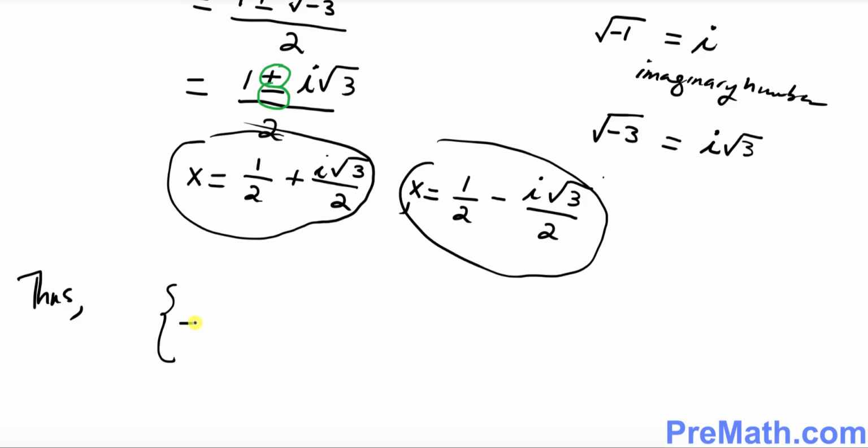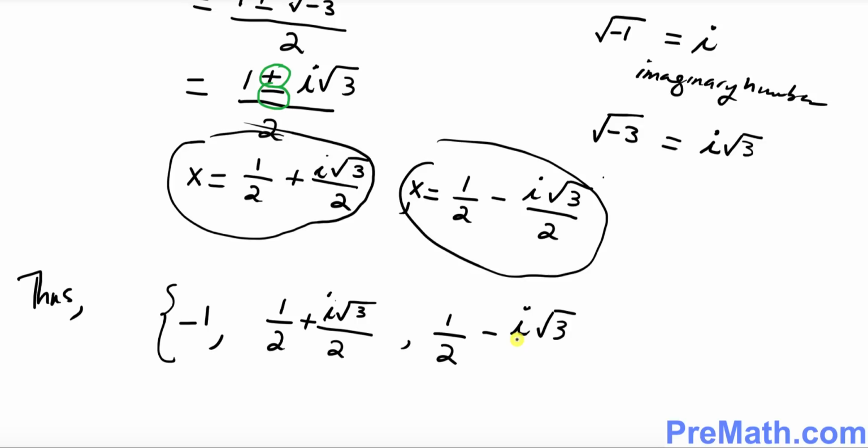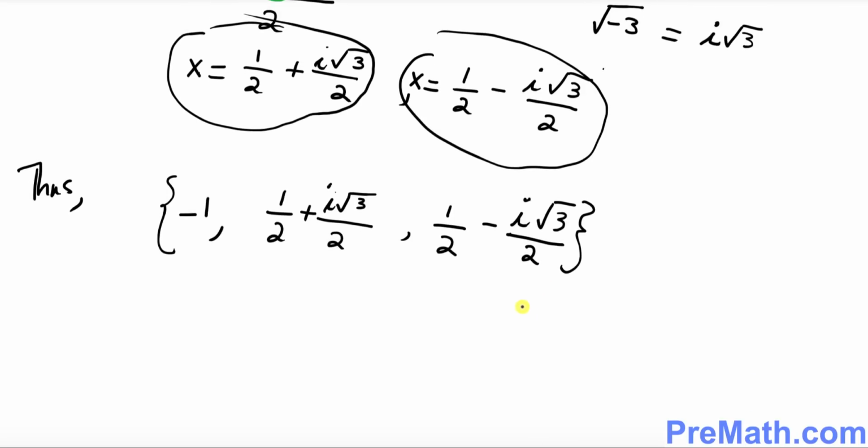So we put down -1, comma, 1 over 2 plus i times square root of 3 divided by 2, and the third solution is 1 over 2 minus i times square root of 3 divided by 2. So these are our solutions.